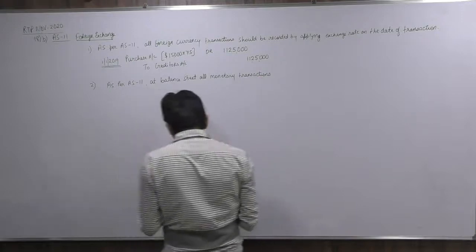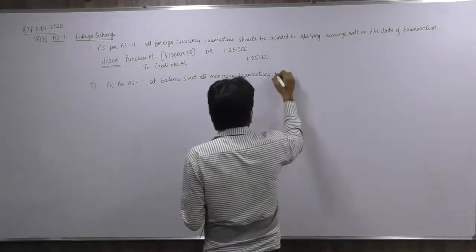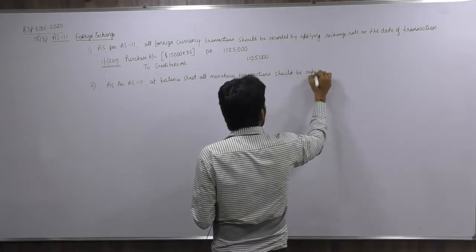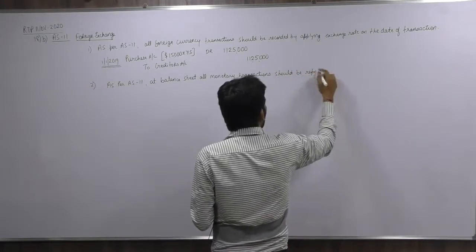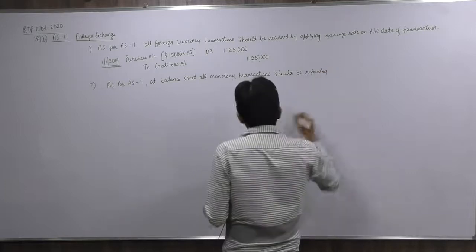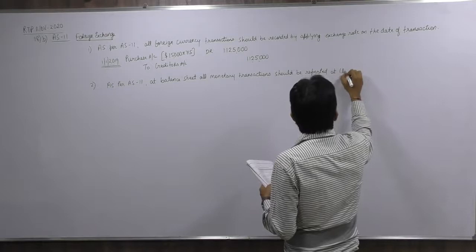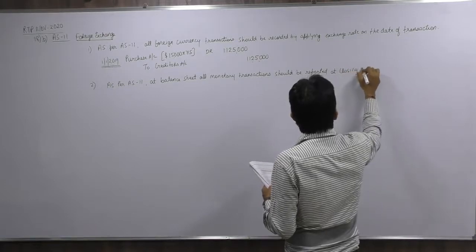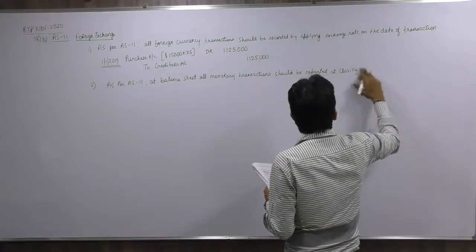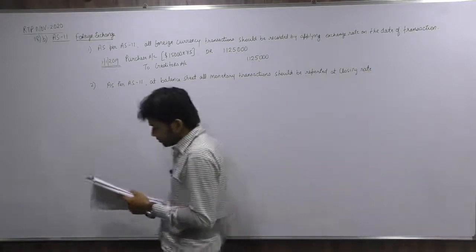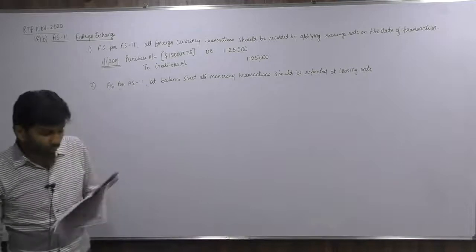All monetary transactions should be reported at closing rate. अब 31st मार्च में रेट क्या चल रहा है? 74 का.